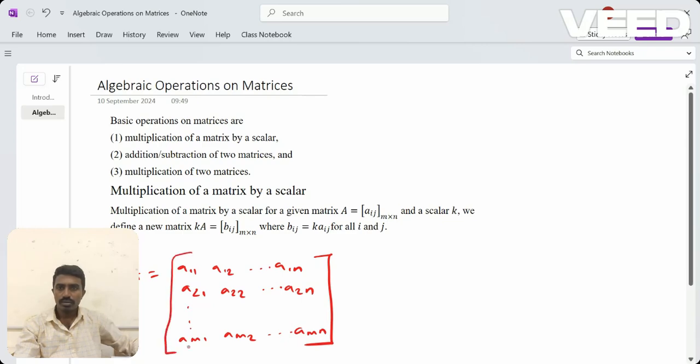Now the scalar multiplication of the matrix is kA equal to, we have to multiply each and every element with k. So kA11, kA12, and so on up to kA1n.